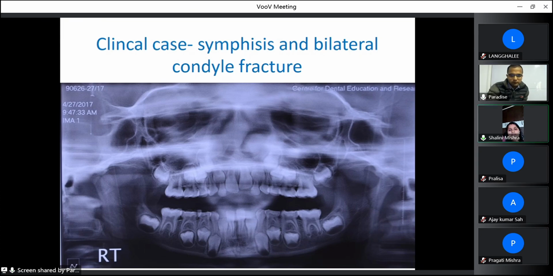So condylar fracture on the left side. Okay, the condyle is fractured on the left side. As you can see, the radiolucent line present here, oblique line, is subcondylar fracture. Anything else?